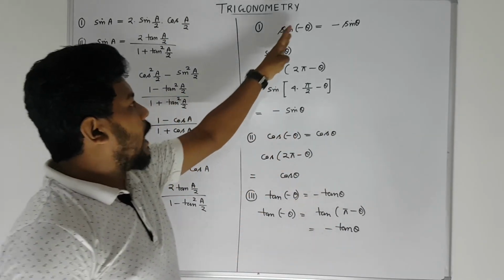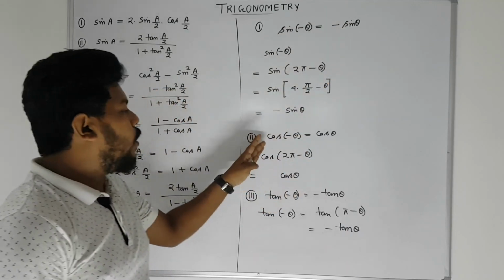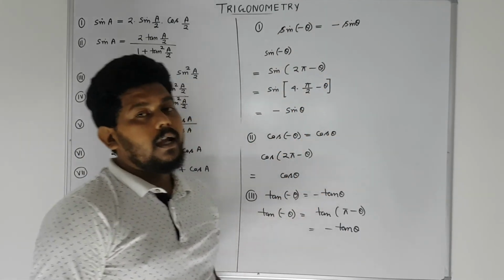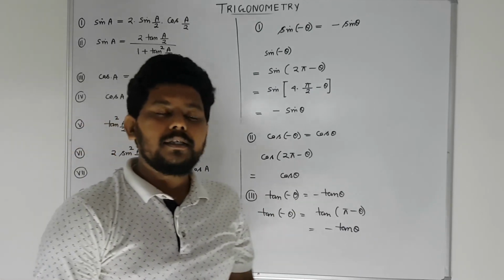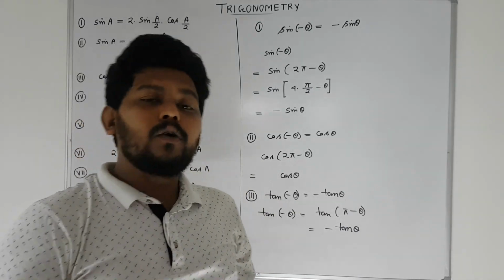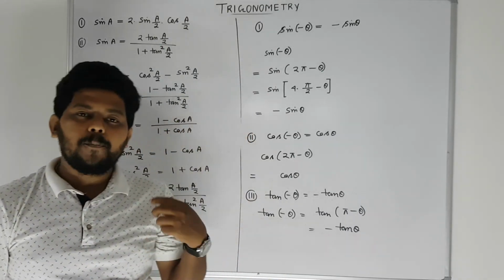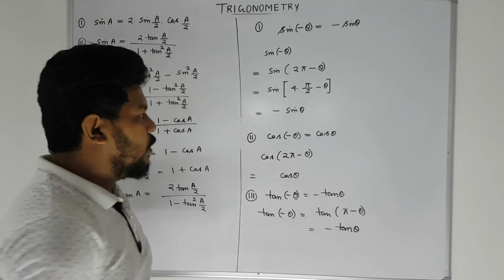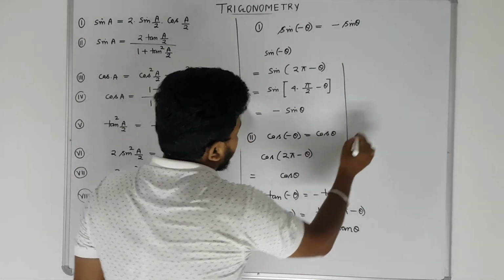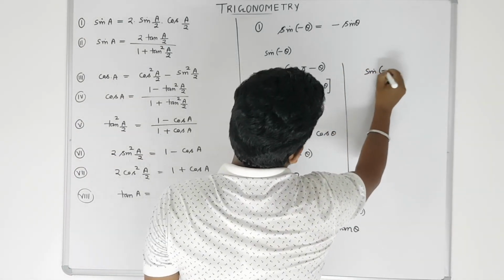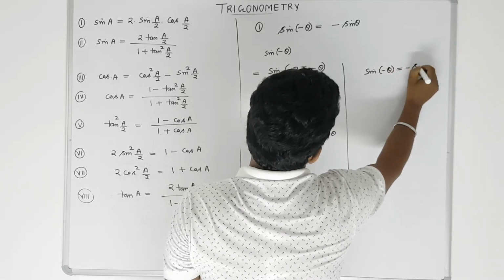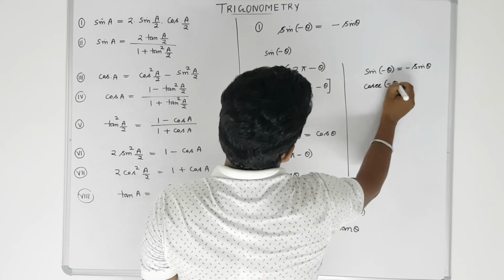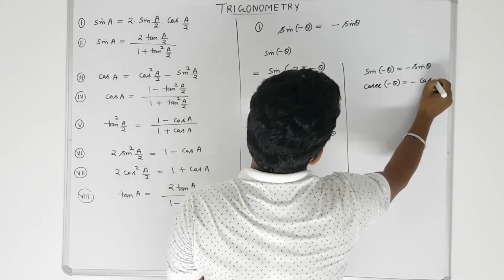So, for sine it is minus, for cos it is plus, and for tan it is minus. Sine and tan have similar properties, and cosec and cot also have similar properties, whereas for cos and sec it is plus. We can write sine of minus theta is equal to minus sine theta, cosec of minus theta is equal to minus cosec theta.